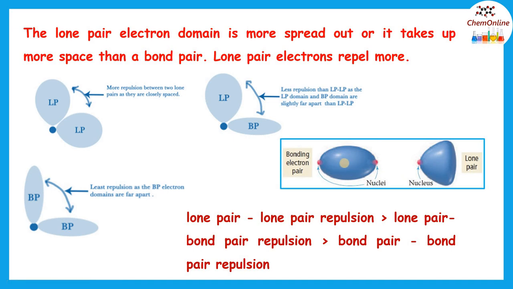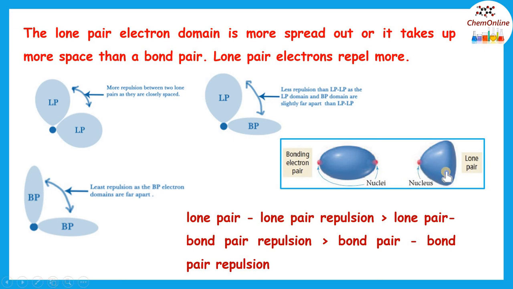So the bonded pair is shared between the 2 nuclei or 2 atoms. This bond pair is attracted and held tightly by the 2 nuclei. At the same time, a lone pair is localized on the central atom and it is loosely held under the attracting influence of only one nucleus.